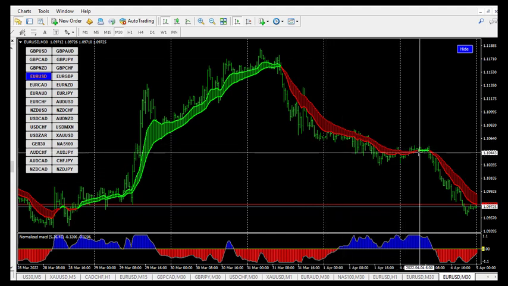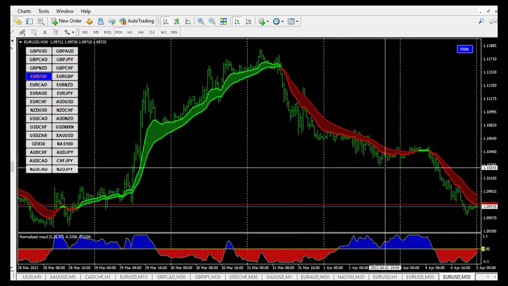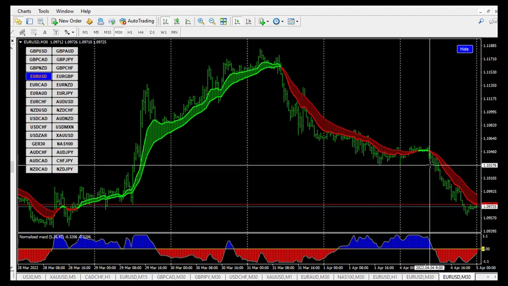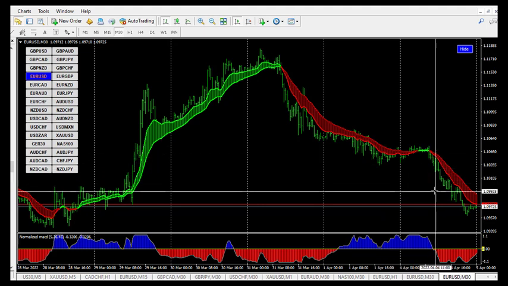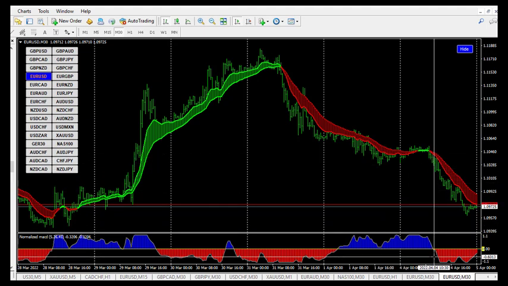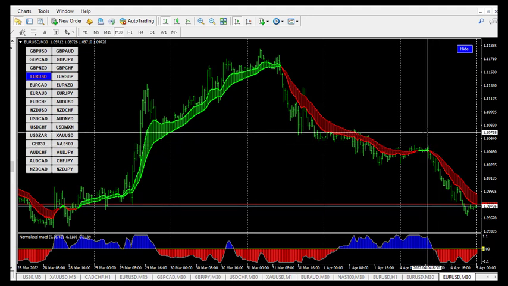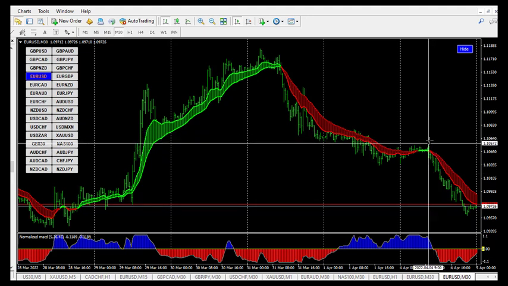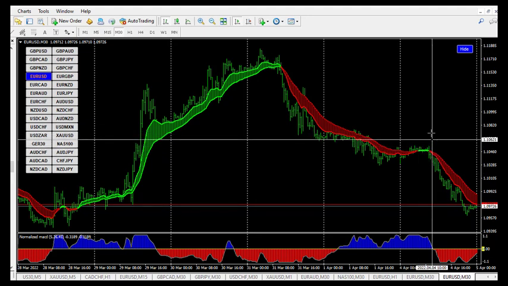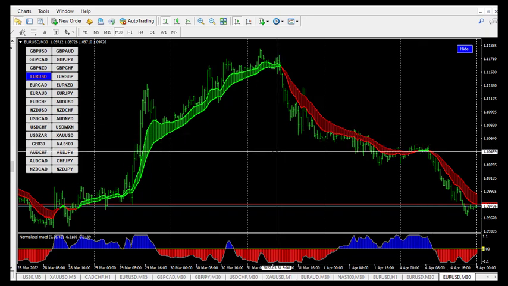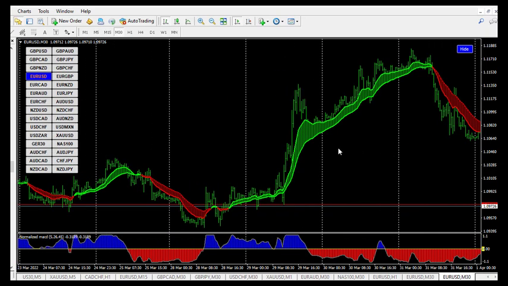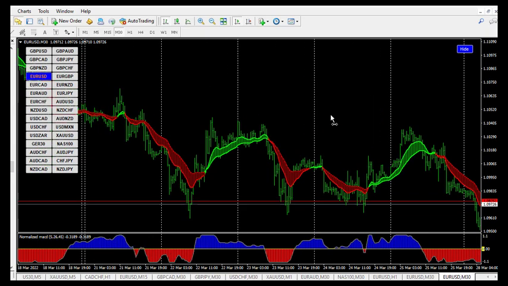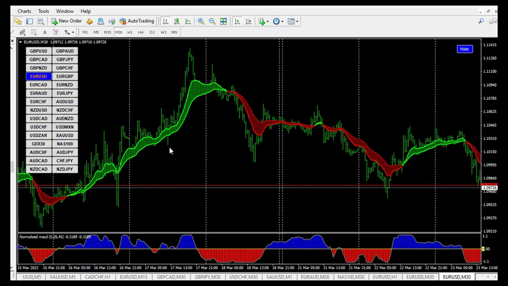Here for a buy, a few pips below this point, and at this point for a sell, this turned red, this is red, then your stop loss is going to be a few pips above this level. So if you check back, it's actually okay.